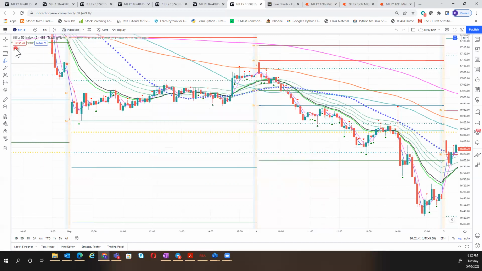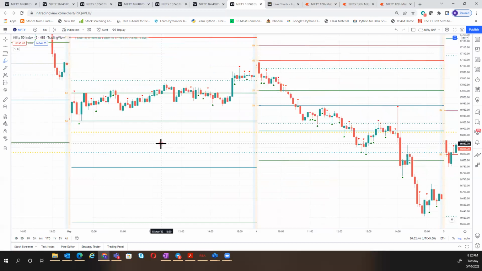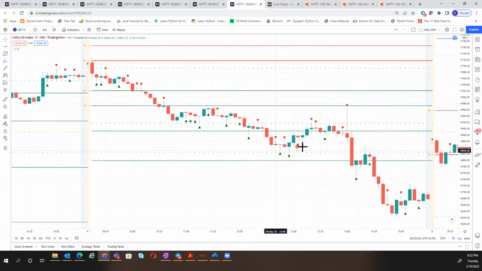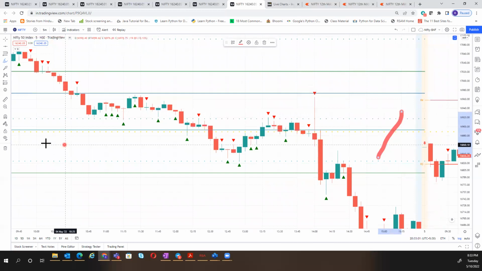What exactly does this inventory retracement bar tell? We are not completely using this indicator, but I am using it to identify inventory retracements. Do you see these blue and green arrows? These are the indicators which we are using from TradingView.